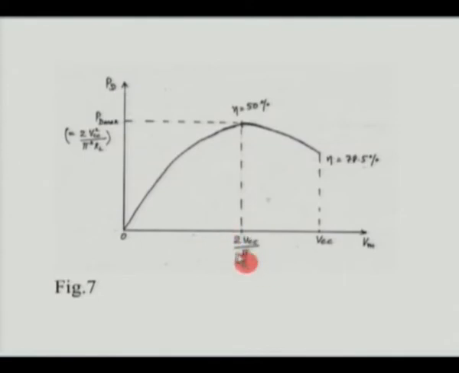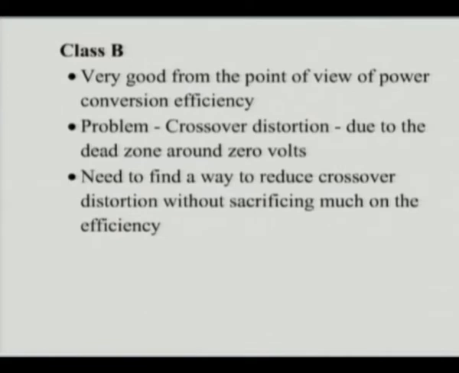So that gives us the value of the input signal at which we get maximum power dissipation. The point at which we get maximum efficiency is where the V maximum is the same as VCC. At that particular point we have an efficiency of 78.5%. This gives us a very, very good reason why we should go for class B.